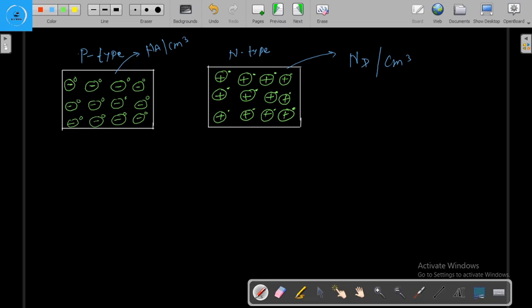Now when we connect these, not by wire but in physical contact, both the p-type and the n-type semiconductor, when we keep them in contact with each other, then what happens? Let me draw first.